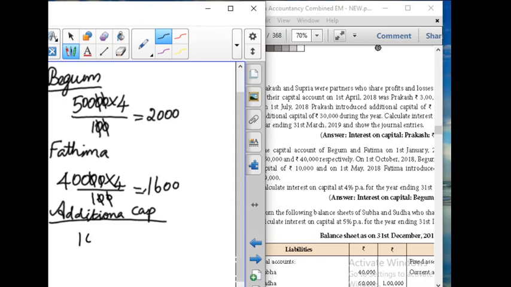So 10,000, rate of interest is 4 divided by 100 into 3 months divided by 12. 1 3 is 3, 4 3s are 12. 0, 0, 0, 0. 100 into 4, 4, 4 cancel. So what is the amount? 100.